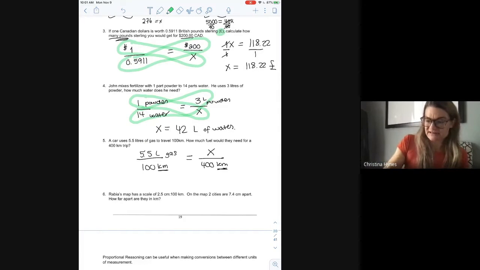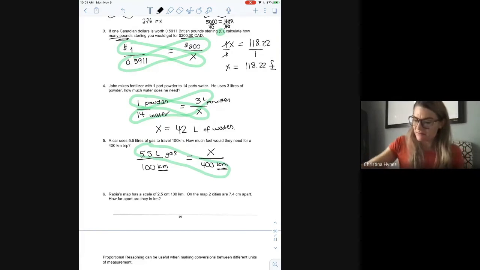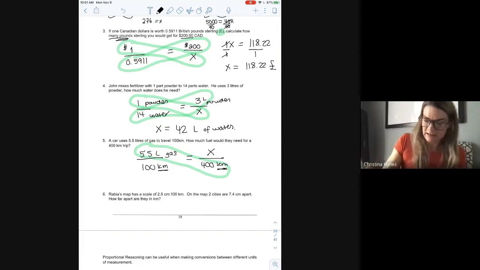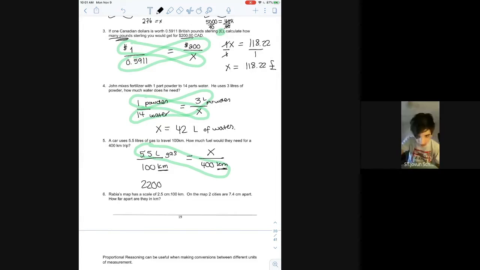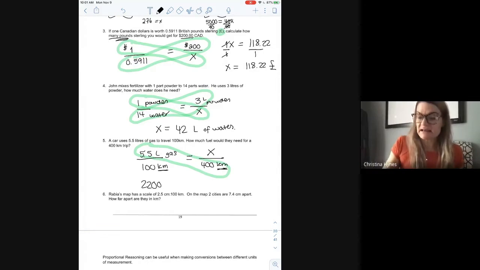And then I just follow the same rules. These guys multiply together first. 5.5 times 400, which will be 2200. Sorry, x goes on the top. Because 400 lines up with 100 kilometers. You see how they're both kilometers?